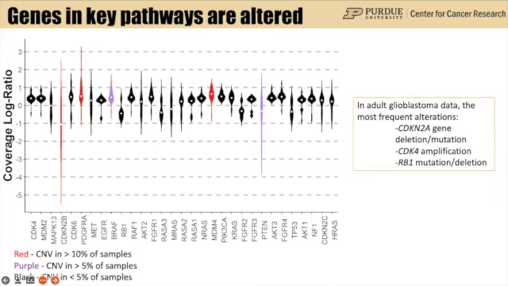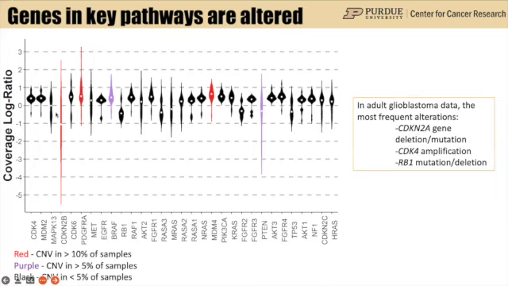CNVkit uses what's shown on the y-axis here, the coverage log ratio, to call copy number variations. The genes from these three pathways, the TP53, PI3K, RTK-RAS, and RB pathways, are shown here on the x-axis.